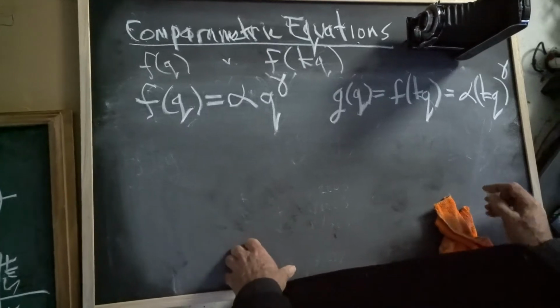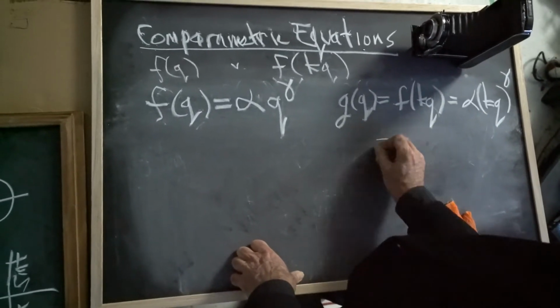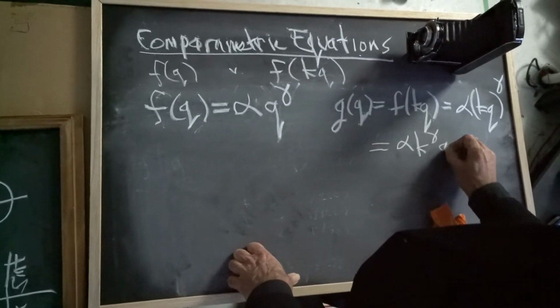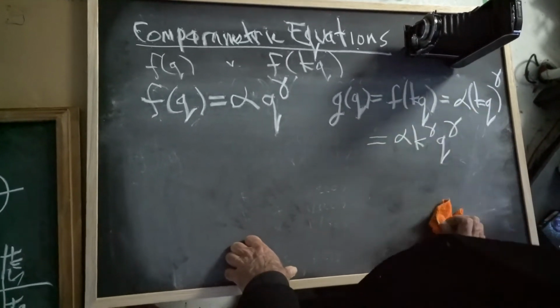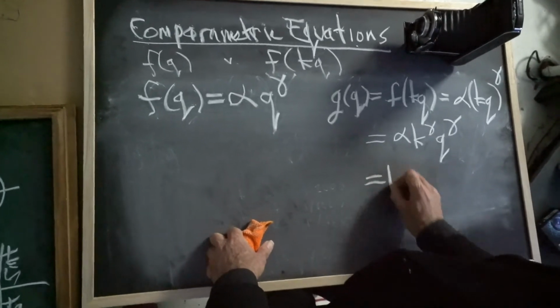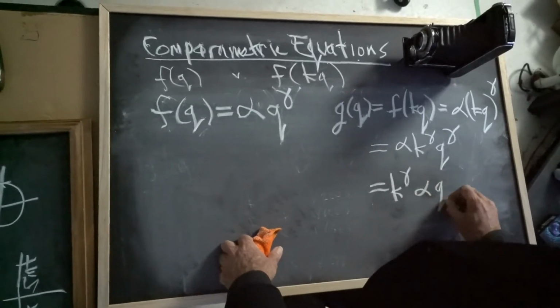And so that equals alpha k to the gamma q to the gamma, and that is equal to k to the gamma times alpha q to the gamma.